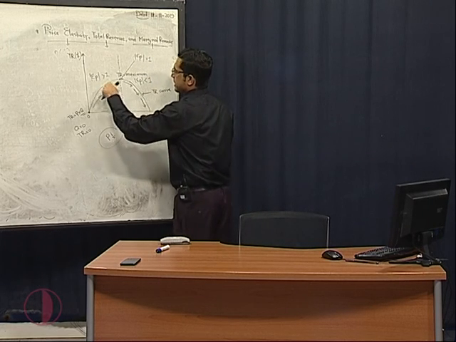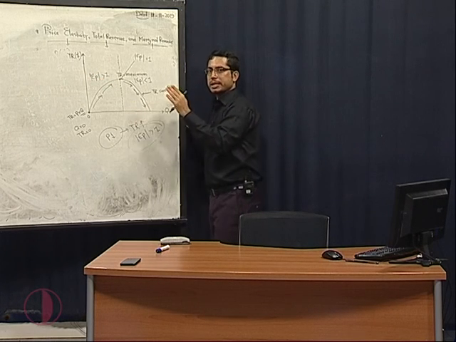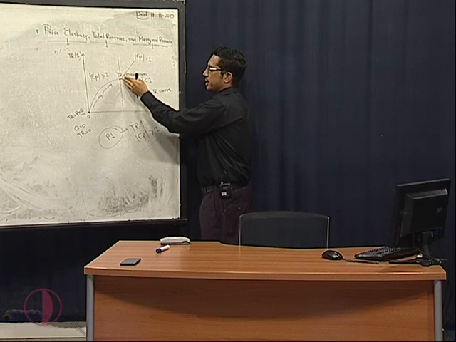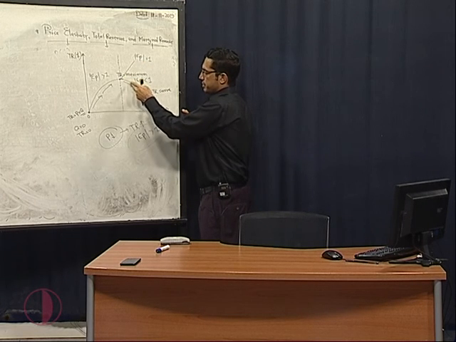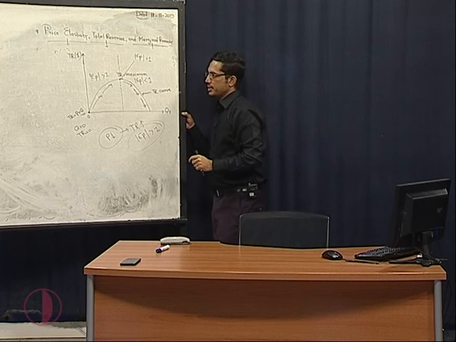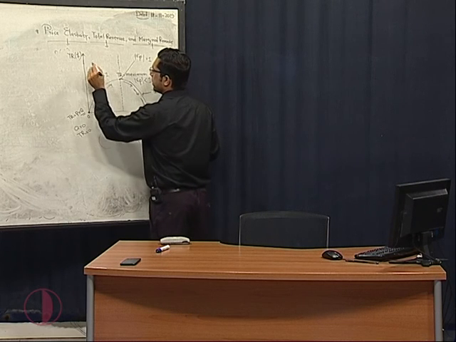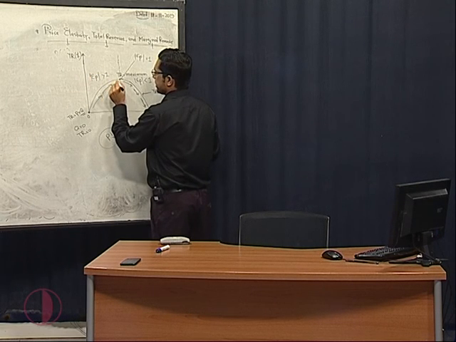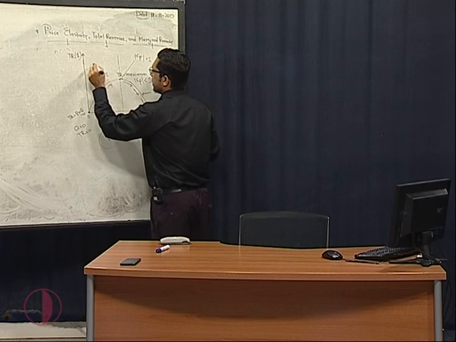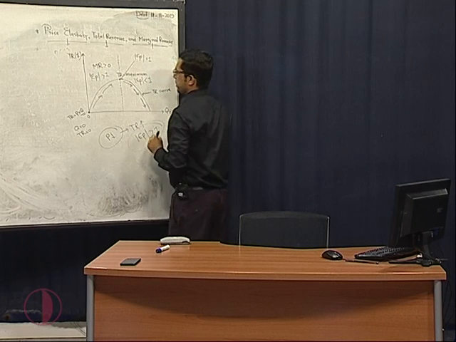So, this is the elastic region. In this region the absolute value of the price elasticity of demand is greater than 1. At this point it is equal to 1, and below this point where total revenue decreases, the absolute value of the price elasticity of demand is less than 1. So, in this case if total revenue increases and the demand for the product is elastic, marginal revenue will be positive.